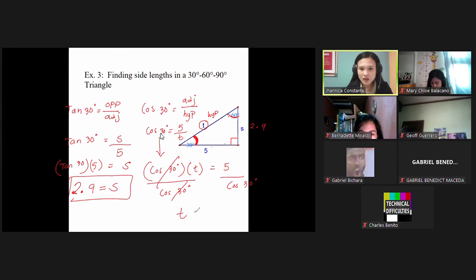So t is equal to 5 divided by cosine 30, which is equal to 5.8. So that's the measurement of our hypotenuse, 5.8.